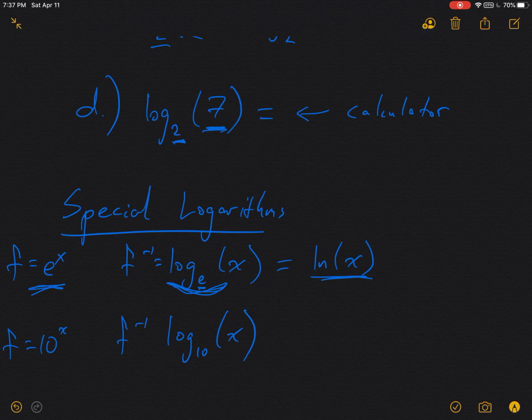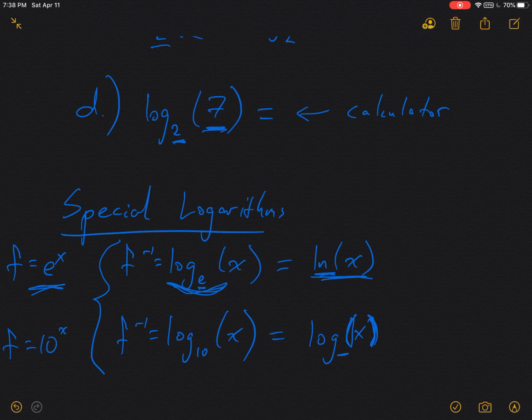And similarly here, if you want the inverse function of 10 to the x, that one's so commonly used that we would abbreviate its inverse function, which is log base 10 of x, as just ordinary log of x. So if you don't see an explicit base here, then implicitly the base is 10 for a logarithm, and the base for the natural logarithm is the base e.